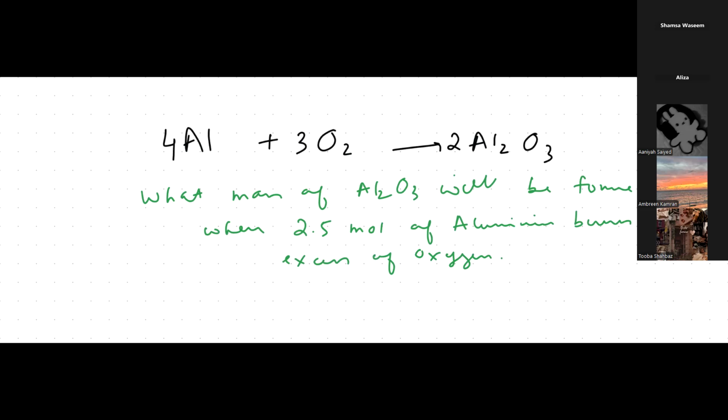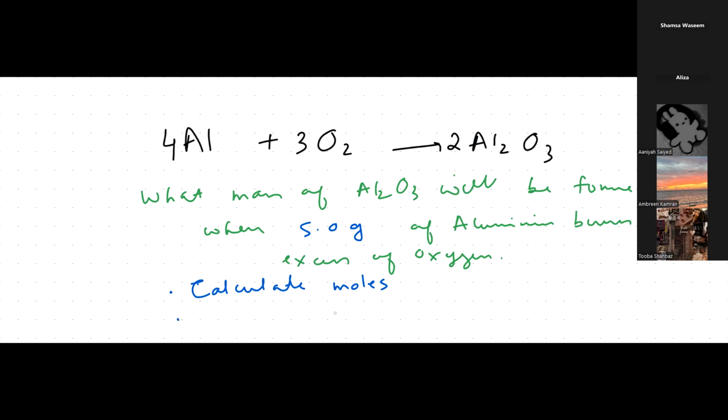The very first thing you have to do is calculate moles. Suppose moles were not given here, and mass was given, say 5 grams of aluminium. Then you calculate moles.